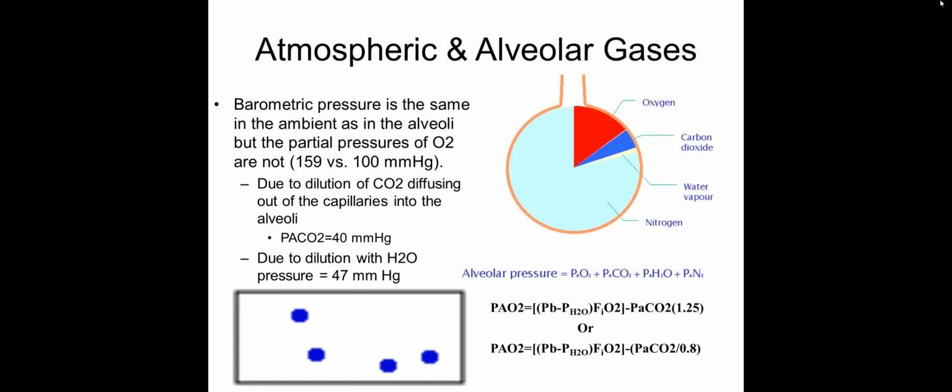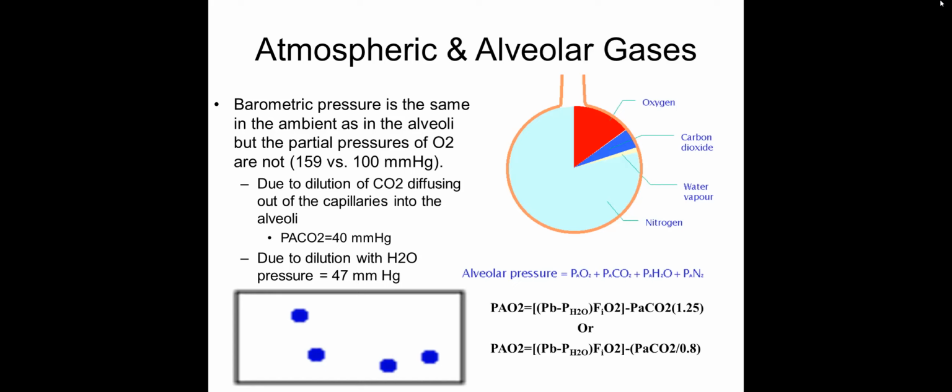And then there is oxygen at 100 millimeters of mercury. So this is why oxygen in the alveoli is less than that in the atmosphere, and why carbon dioxide in the alveoli is greater than that in the atmosphere, because the carbon dioxide is coming from the capillaries.